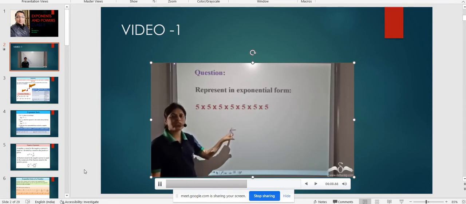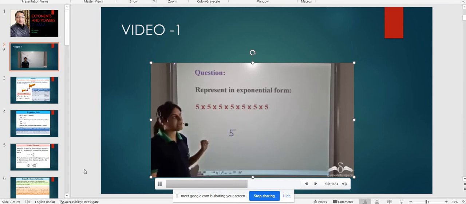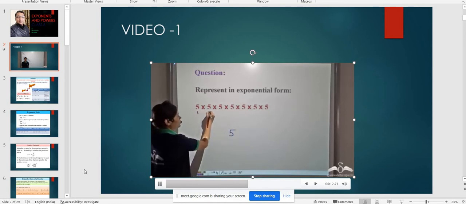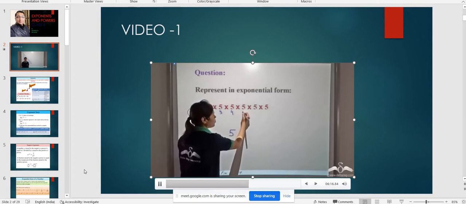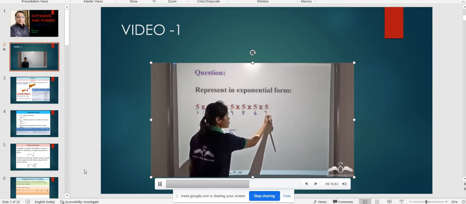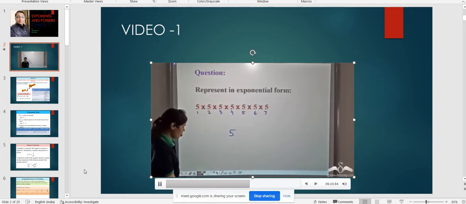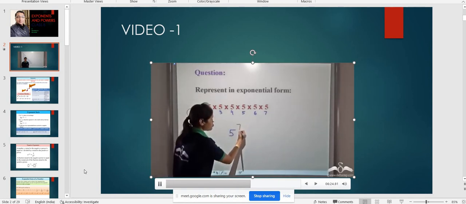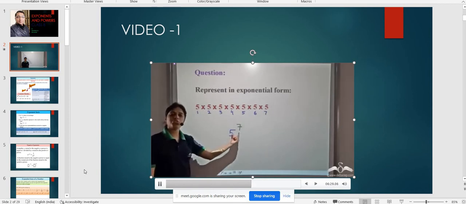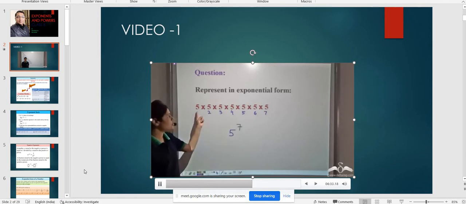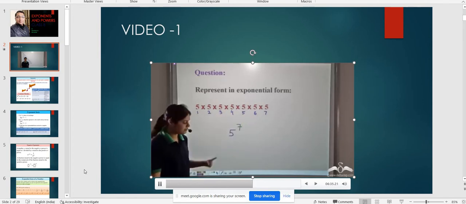So let us see how many times 5 is multiplied. 1, 2, 3, 4, 5, 6, 7. So 5 is multiplied 7 times. So this is 5 to the power 7, or 5 raised to the power 7. This is the correct representation of this number.